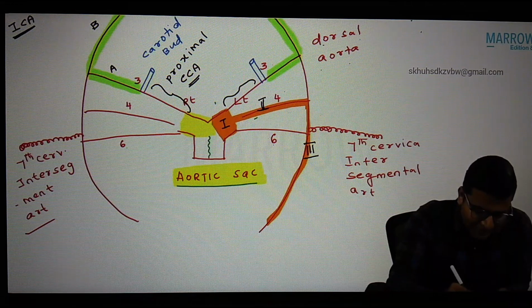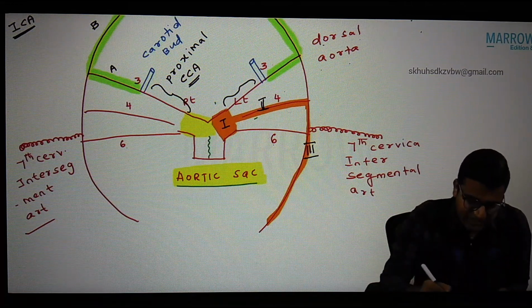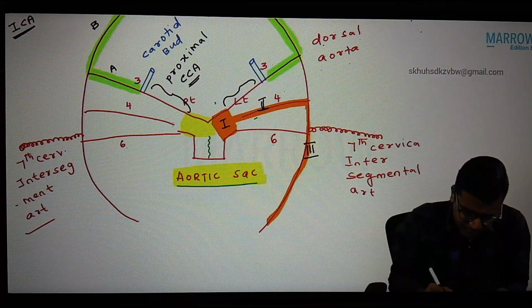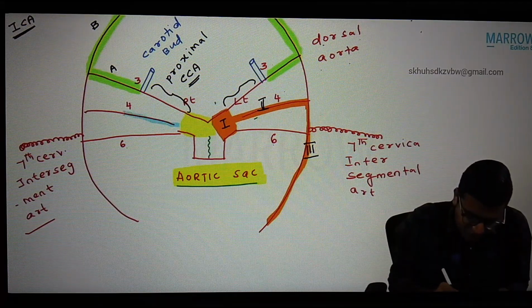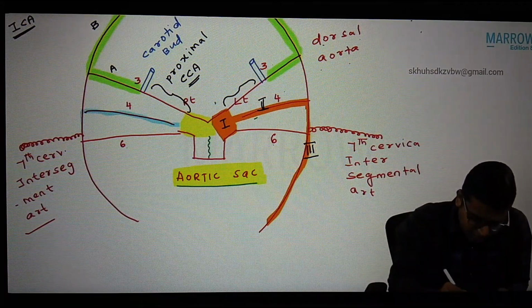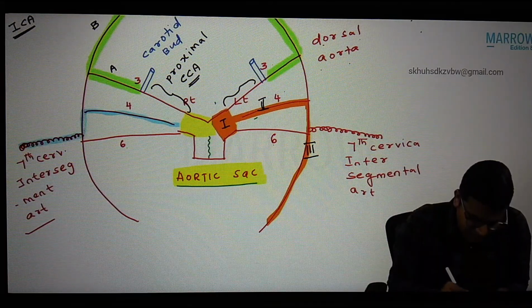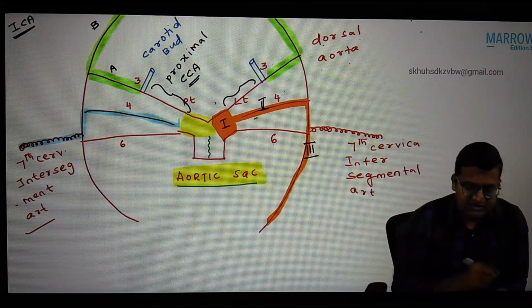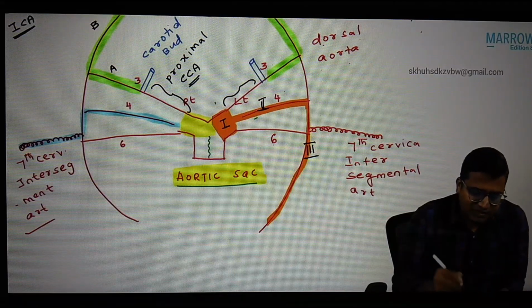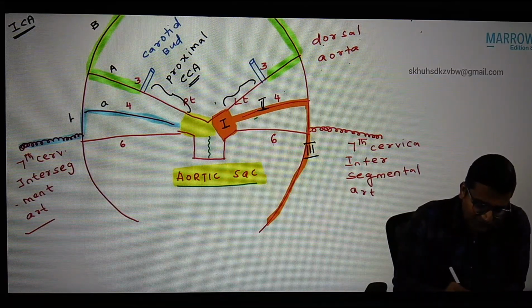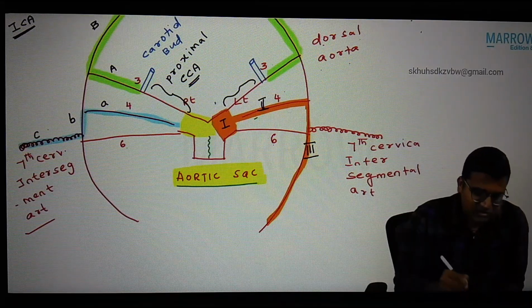Now see the diagram. In this diagram, we are showing this one, and this one. These three will form our right subclavian artery. This is small a, this is small b, and this is small c.